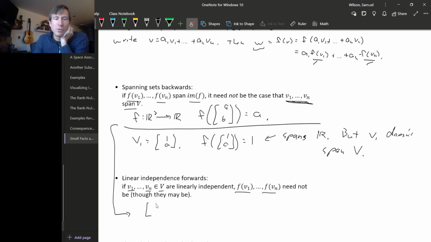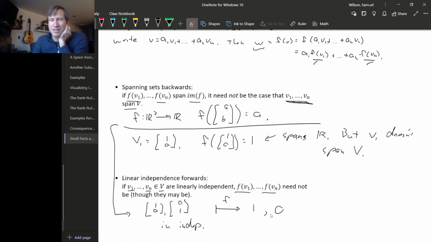So (1, 0) and (0, 1), these are linearly independent. If we hit both of these with f, do we end up with a linearly independent set? Well, f sends (1, 0) to the real number 1. f sends (0, 1) to the real number 0.